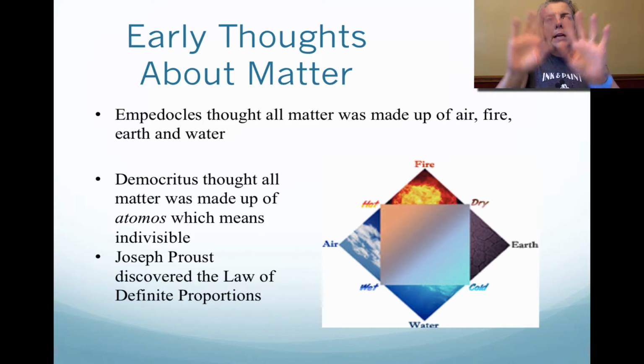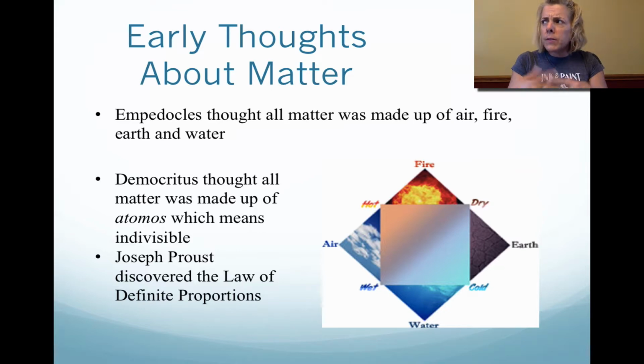They tried to find commonalities in their environment, and he saw that there were these four constant things. Now, there was another Greek that also thought differently. His name was Democritus. He believed that all matter has to be made up of indivisible pieces, and he called these atomos, and atomos means indivisible.